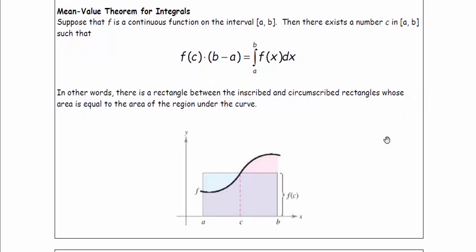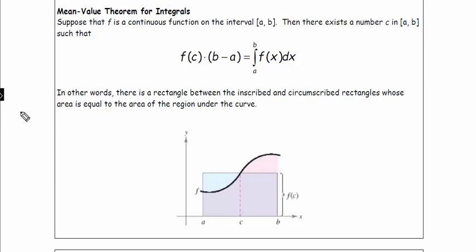And so you did have the mean value theorem for derivatives. The mean value theorem for derivatives was in section 3.1.